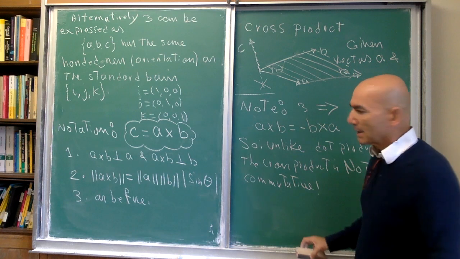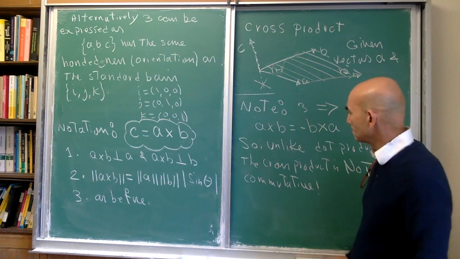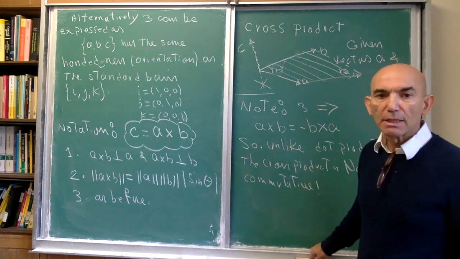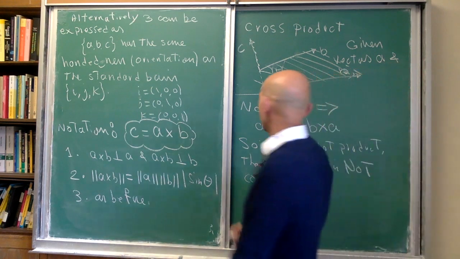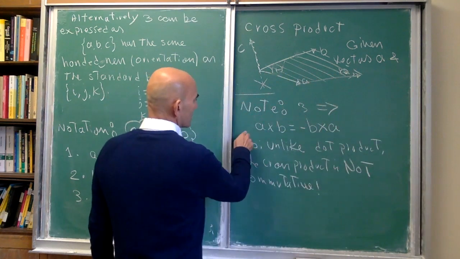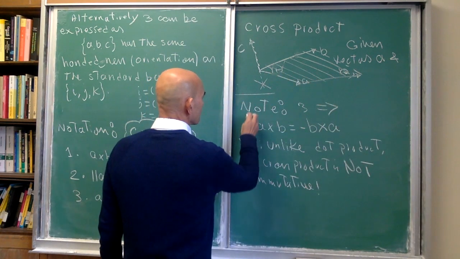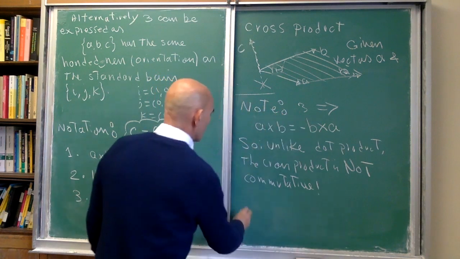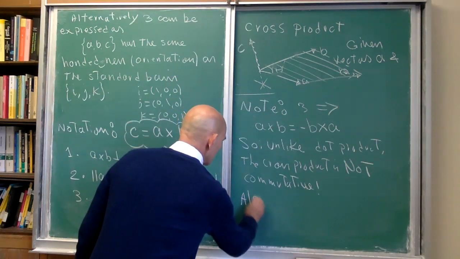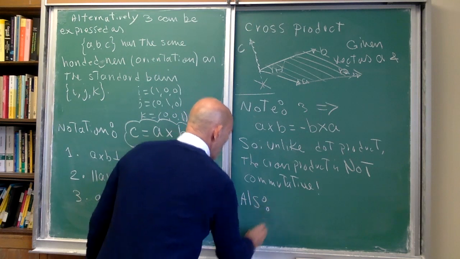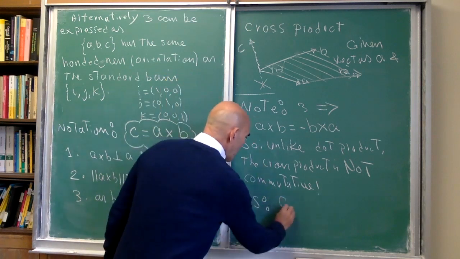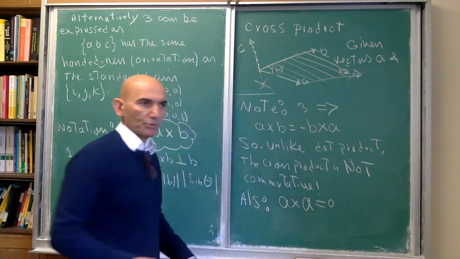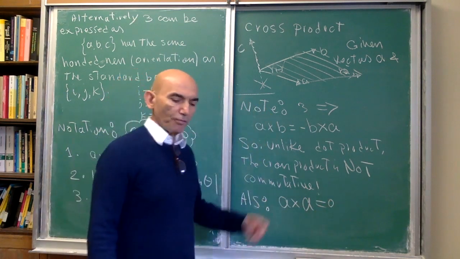Now, another thing is that if you take the cross product of A by itself, what happens? Let's see what happens. So we should also note that A cross A is equal to 0 for any vector A. So what's the proof of this?